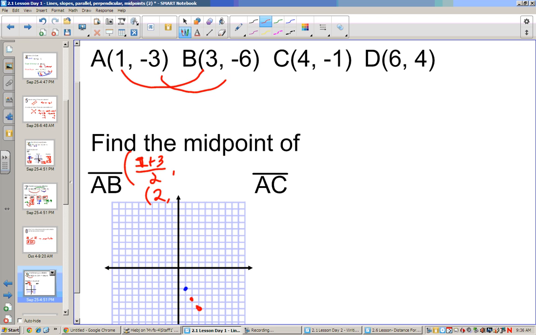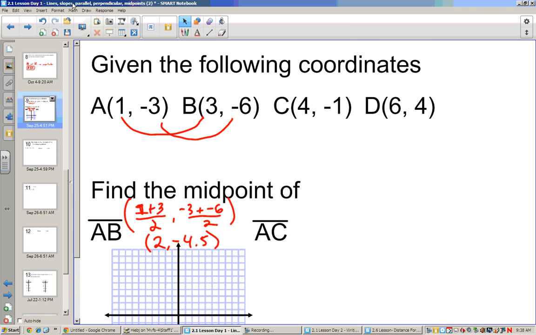Now you add the y's together, negative 3 plus negative 6, and then divide that by 2. Negative 9 over 2 is negative 4.5. Now we have to think, does that look like about 2, negative 4.5? Well, we go 2 to the right, and 4.5 down. That's pretty reasonable.